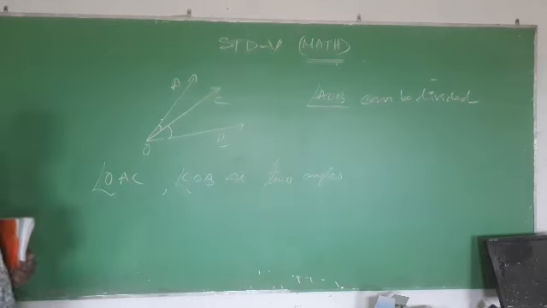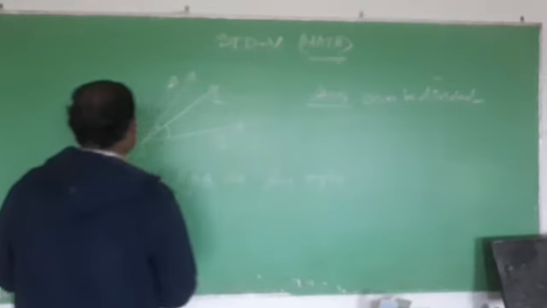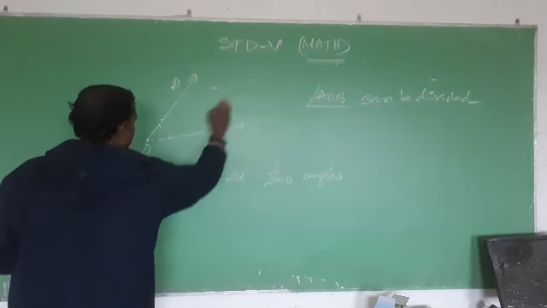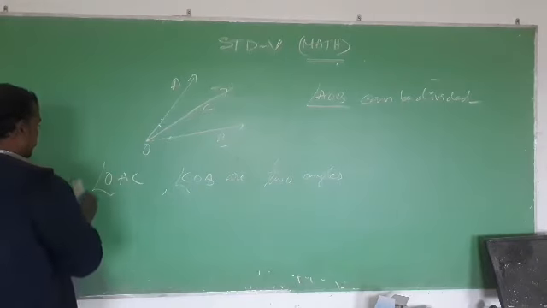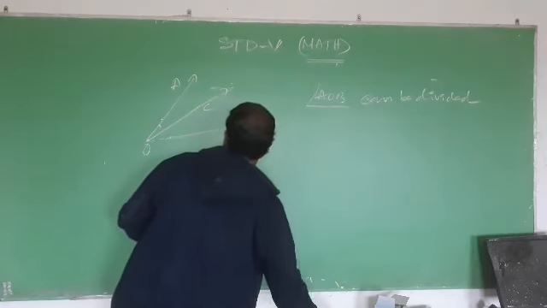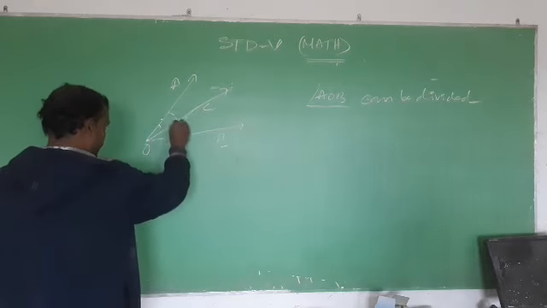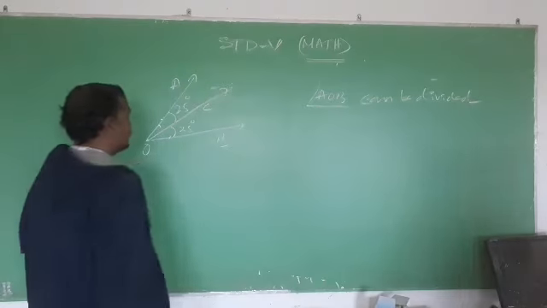but students, जब क्या होता है ना, इसका मेजर, ये दोनों का मेजर, ओके, suppose this we have drawn C, got it, and the measure of this angle equals the measure of this angle. Suppose this is 25 degree and this is 25 degree.